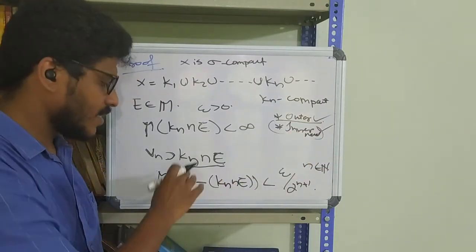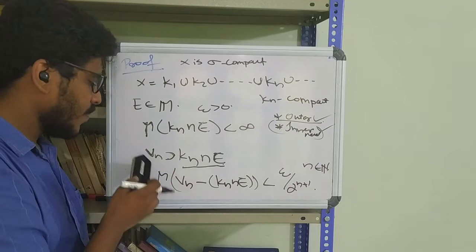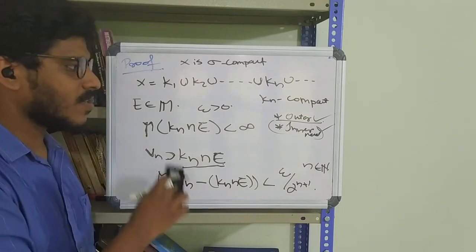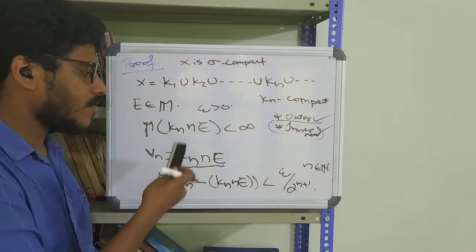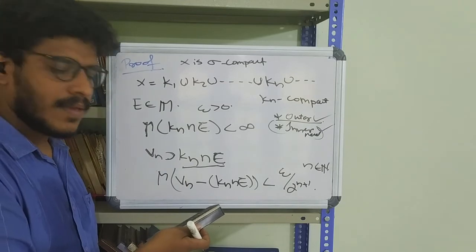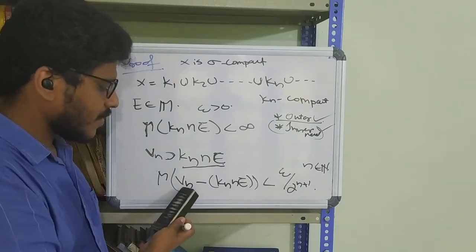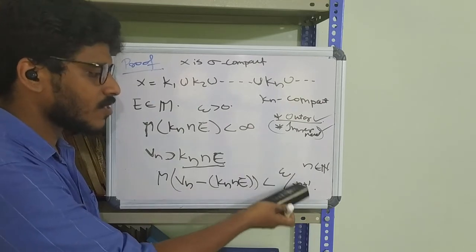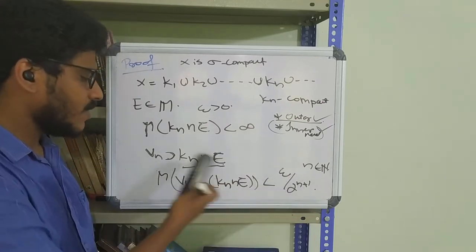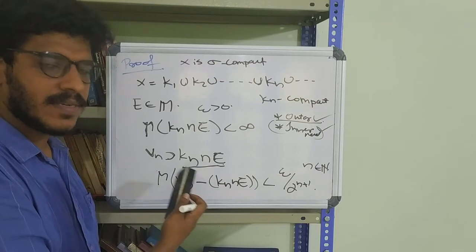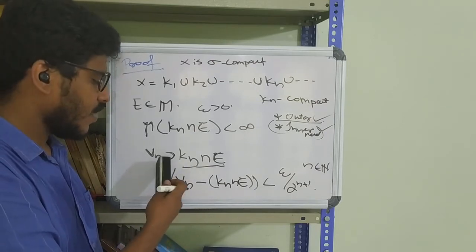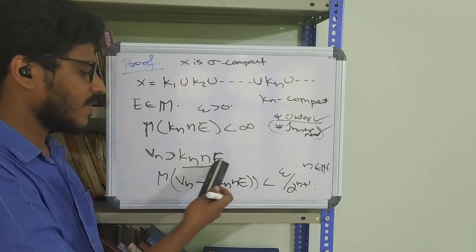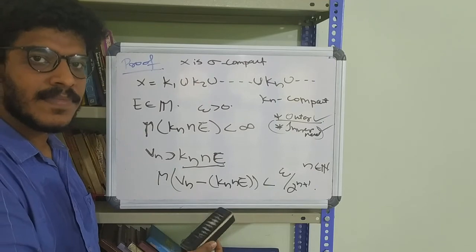In this case, as we see here, this expression comes from the triviality of outer regularity. The measure of the difference between these two sets coming closer to 0 means the Vn's can be used to approximate Kn intersection E.